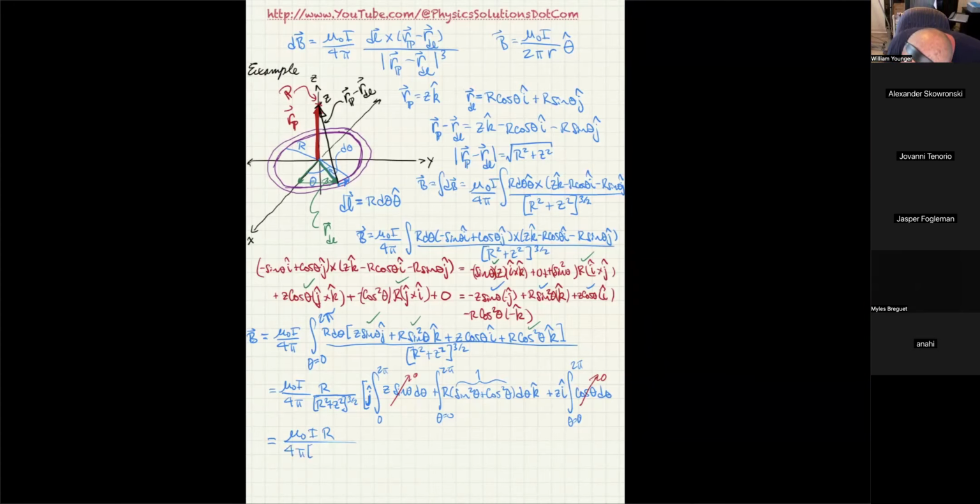and we're ultimately left with just mu 0 I r over 4 pi times r squared plus z squared to the 3 halves power times, now get this part, we're integrating d theta k hat from 0 to 2 pi, so that's just going to give me 2 pi k hat, and that'll give me another r, so that'll be r squared as well.